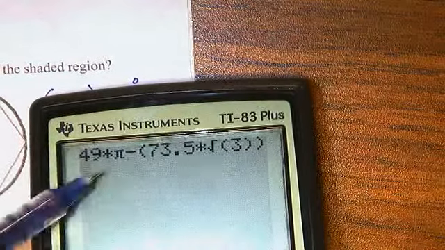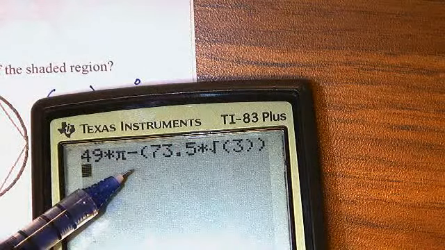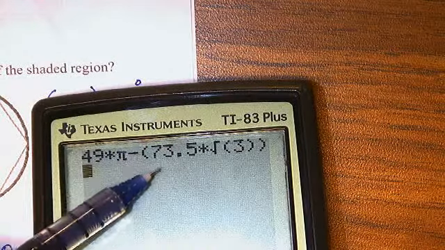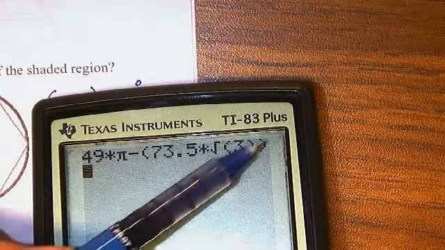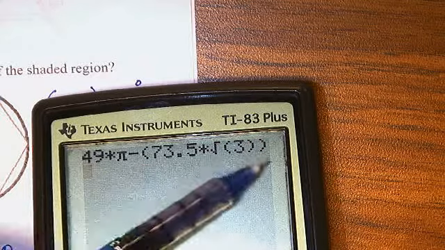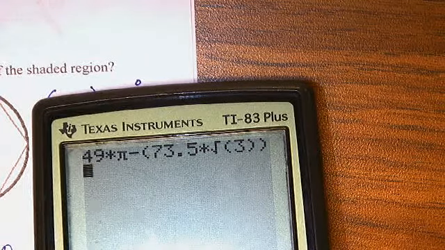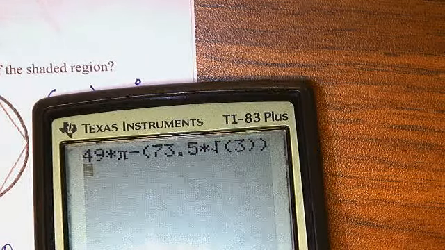So we have 49 times pi minus this whole thing, open paren, closed paren. We always have to have open and closed matched, otherwise we will get a syntax error.